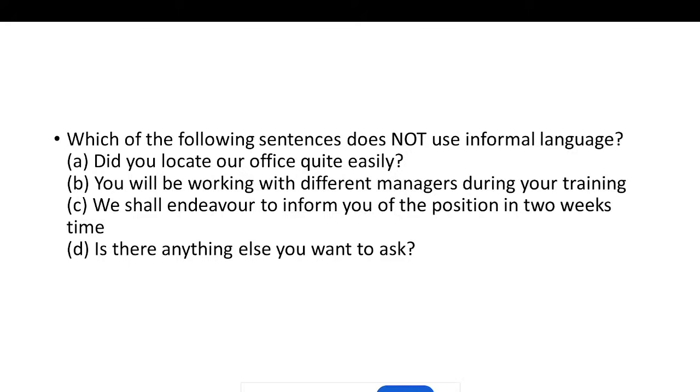We can use this informal language with our friends and everyone, but formal language will be used with words like big words, endeavor, shall, and all. Remaining options can be communicated with our friends also, but when you use this in front of delegates or someone else, you have to use very polite words.